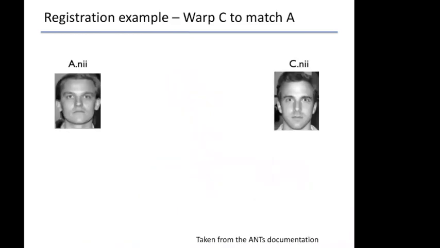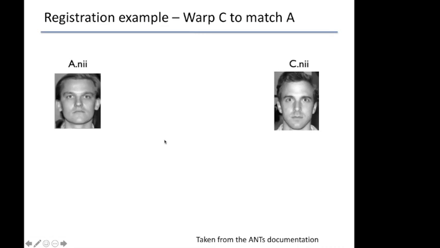So just to give a little more intuition, I just pulled this off the internet today, and this is based on one of the most commonly used registration algorithms available. So let's say you want to map the faces of this guy here on the left to this guy here on the right.